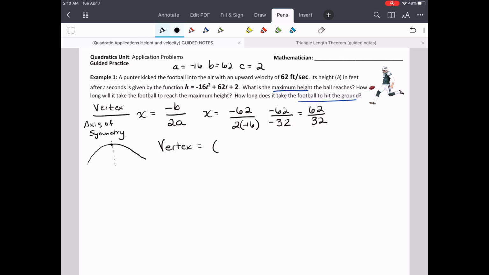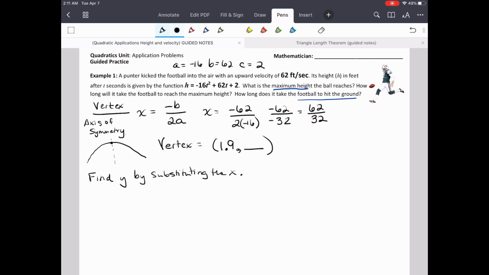Remember, when you figured that out, you figured out the x value. Now when you get the y value, we're going to find the y by substituting the x value in there.